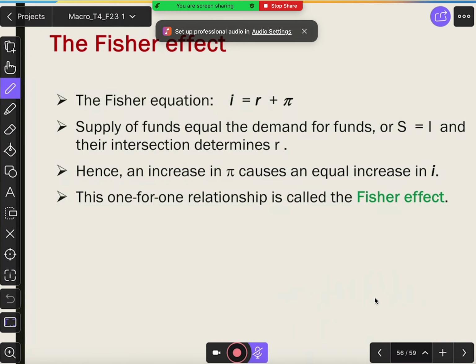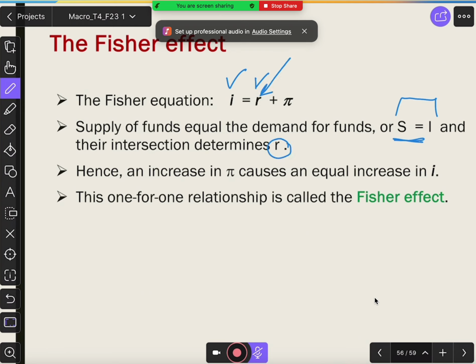The Fisher effect is simply providing a certain connection between the real and the nominal interest rate. In equilibrium, we have the supply of funds equal to the demand for funds, and out of this equilibrium we can determine R, which is this one.